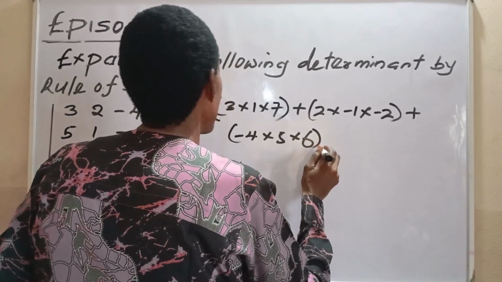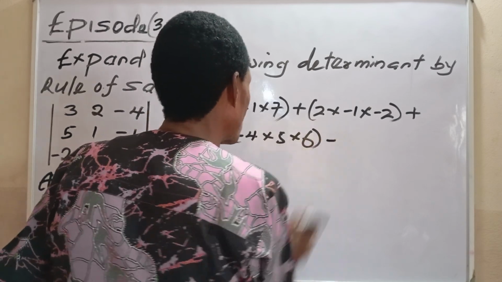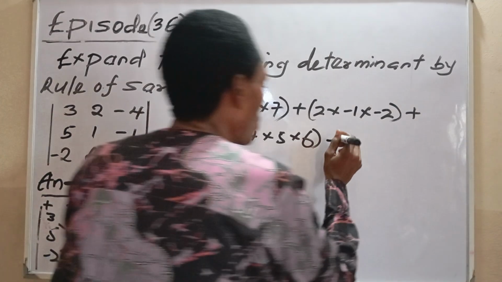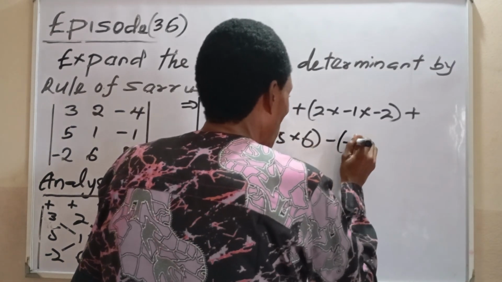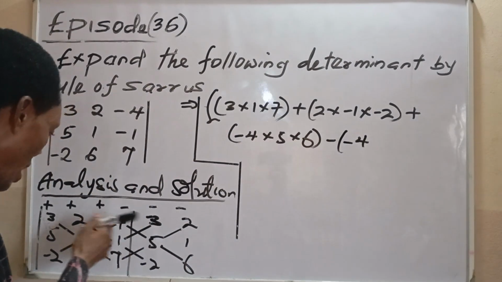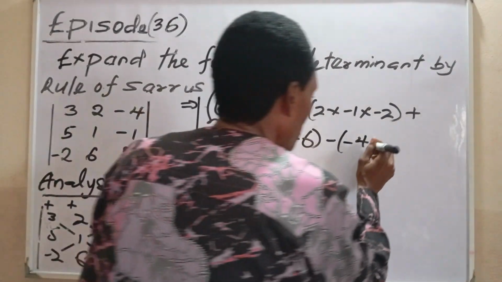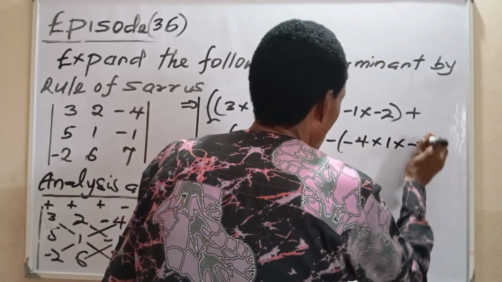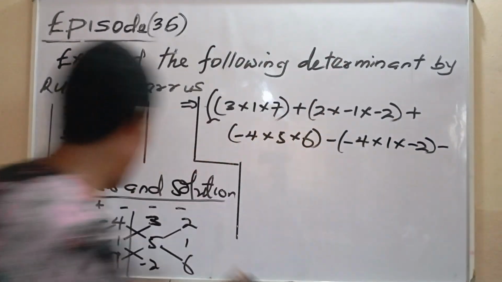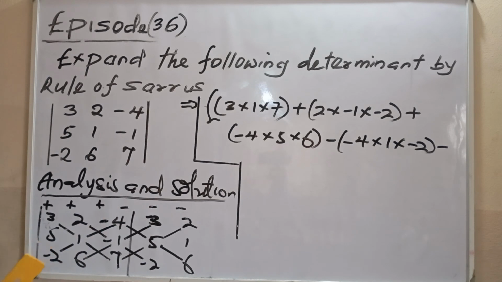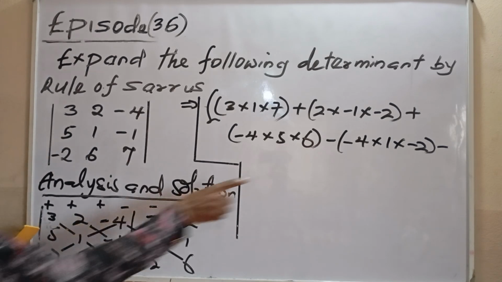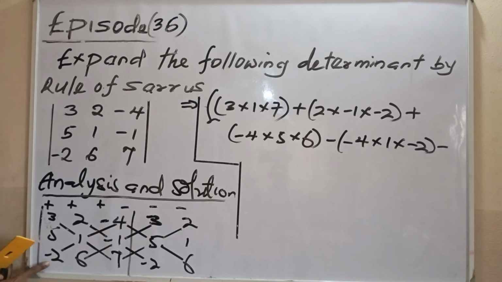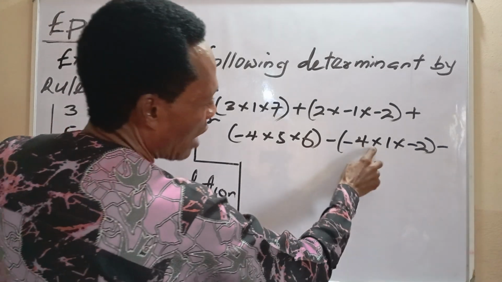Then minus. Now you are not coming this way. Open bracket, minus 4 times 1 times minus 2.